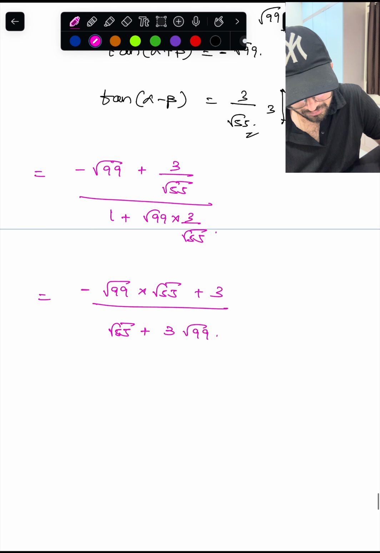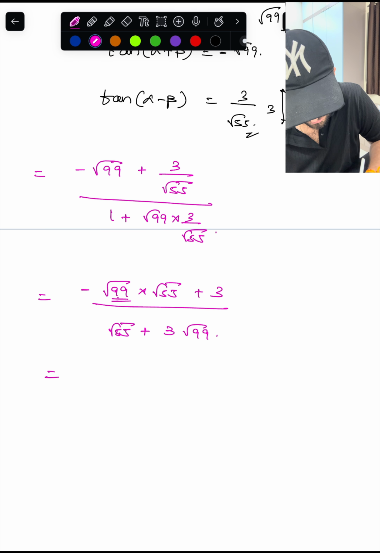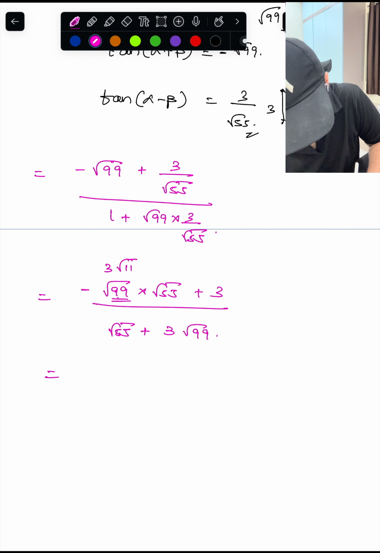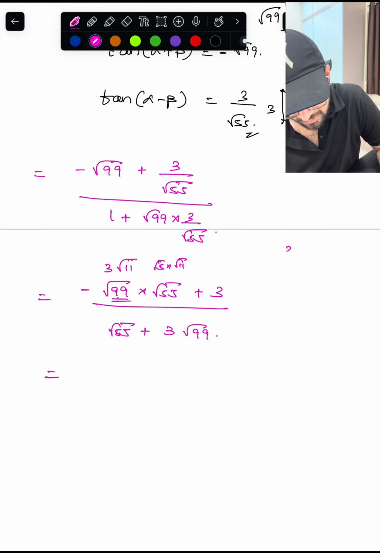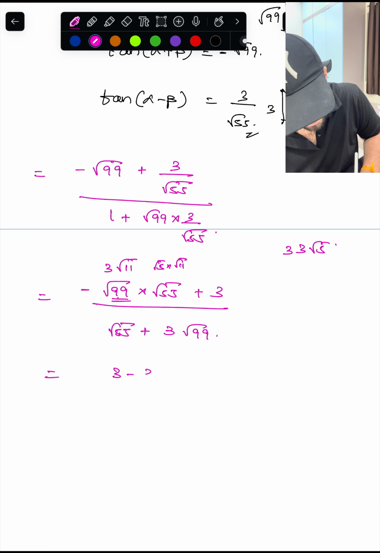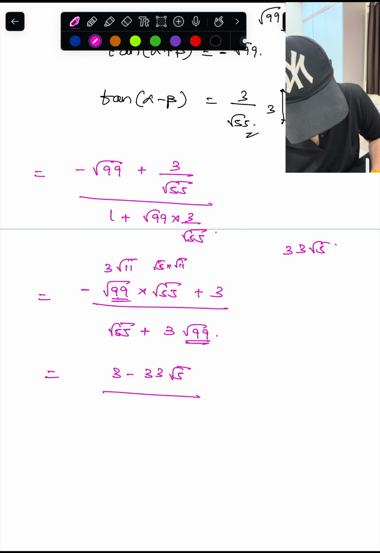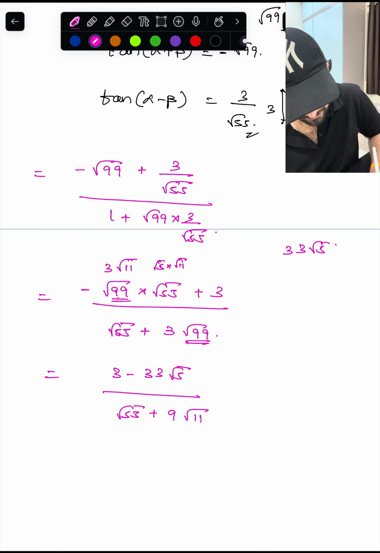Okay, so I think here you can write it is 3 root 11, and here you can write root 5 into root 11. So you will be getting 33 root 5. So 3 minus 33 root 5 by root 55 plus 9 root 11.